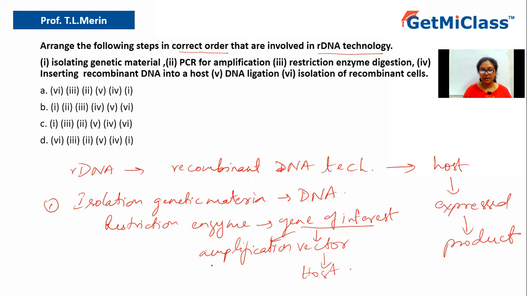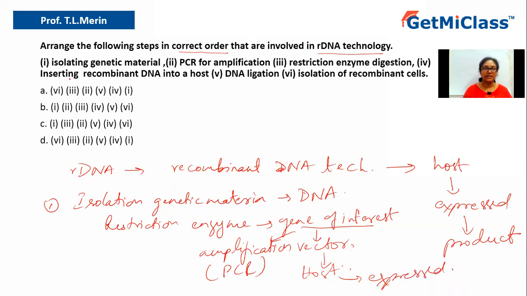Then it has to be inserted into the vector, and this vector also can be amplified. The recombinant vector will be inserted in the host cell, and that will be expressed.